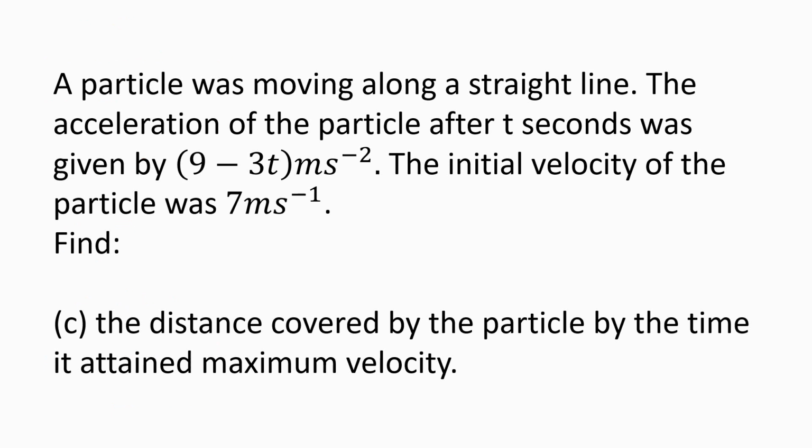Part C, find the distance covered by the particle by the time it attained maximum velocity. So we need to find the distance, and remember the distance is the integration of the velocity equation. So the velocity equation is 9t minus 3t squared over 2 plus 7.